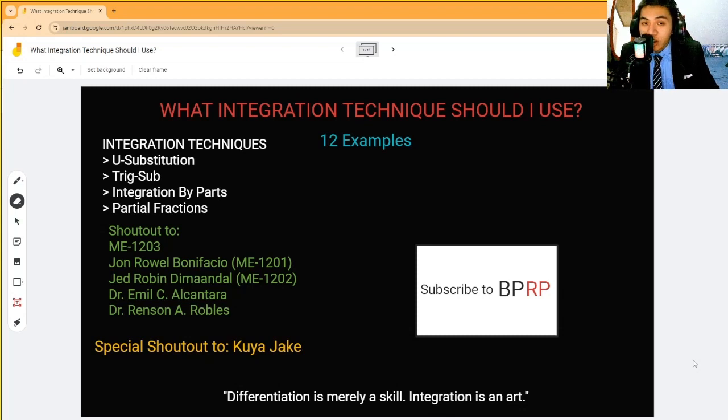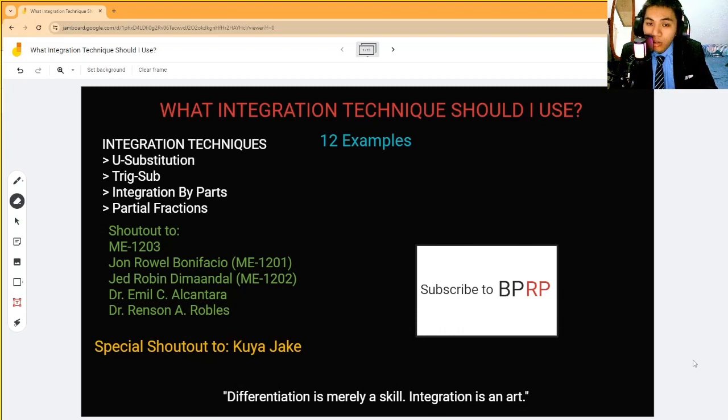So, aside from that, now we are again dealing with a discussion in integral calculus regarding the integration techniques that we should be utilizing when evaluating various forms of integrals. We have four major integration techniques that we utilize mostly for the rest of the semester: U substitution, trig substitution, integration by parts, and partial fractions.